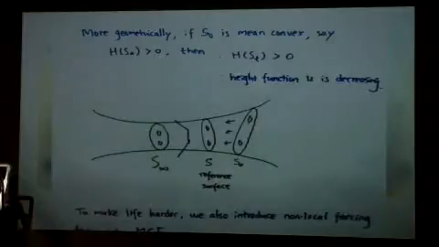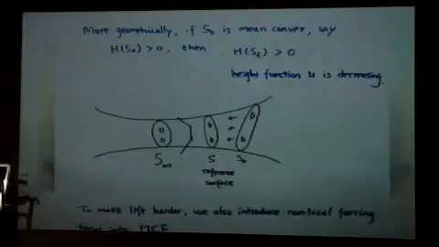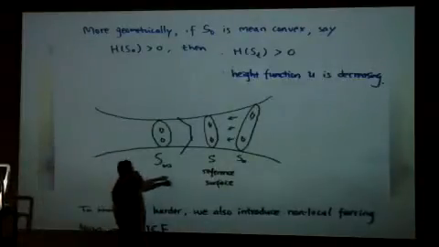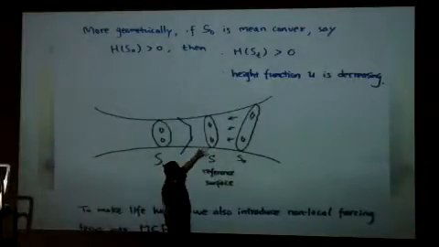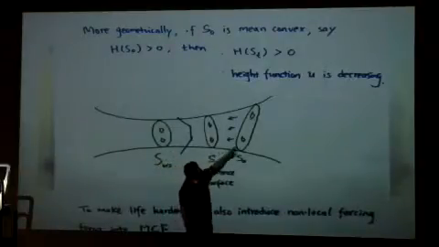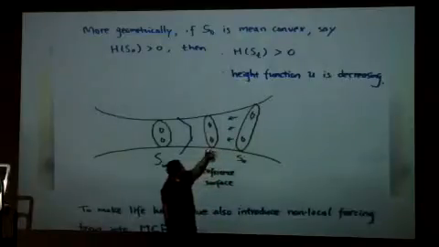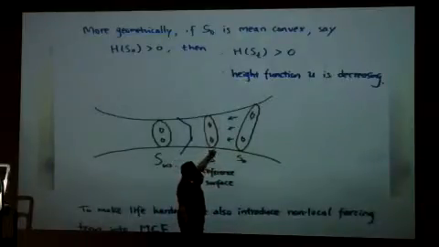For instance, if I pick a mean convex surface away from my convex core, like here, and I can put the reference surface somewhere there as well, it really doesn't matter. If this is my initial surface and it's mean convex, then it stays mean convex. It's pretty easy to see.